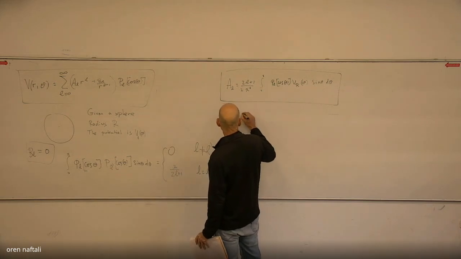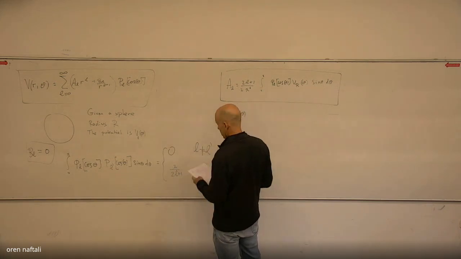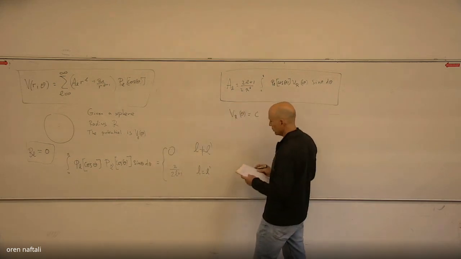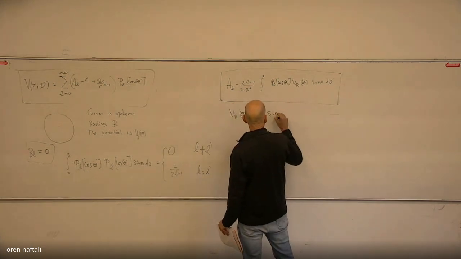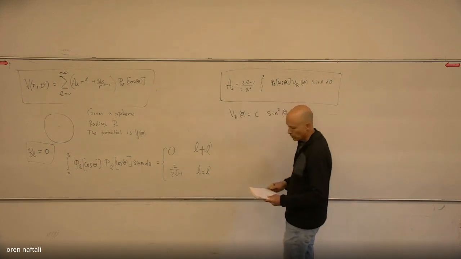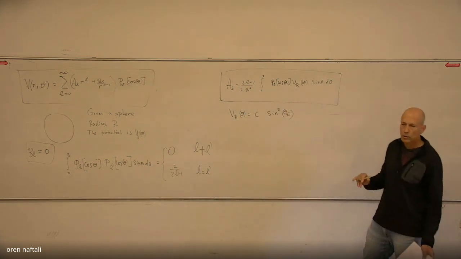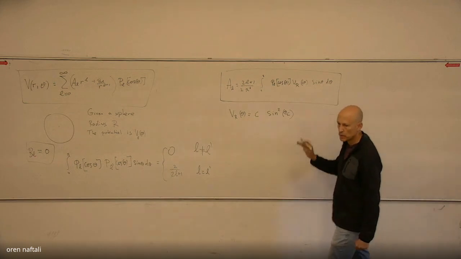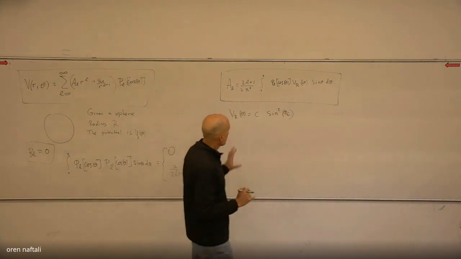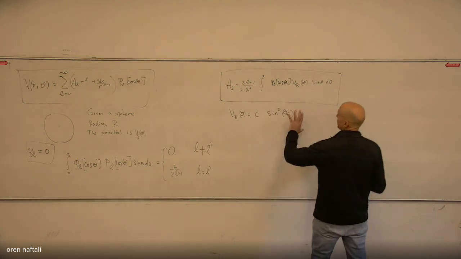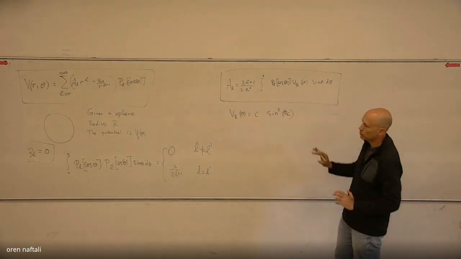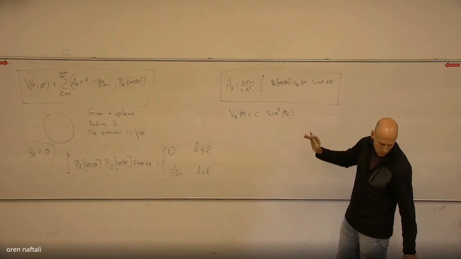So phi of r, theta, I'm going to take as a special function, some constant, which has units of volt, times sine squared of theta over 2. It's not clear why I choose this example, but soon you'll see that this is actually a little bit of an elegant example. But it's not, at least for me, when you write it like this, you actually need to eventually move into Cartesian coordinates. But let us see what happens here.